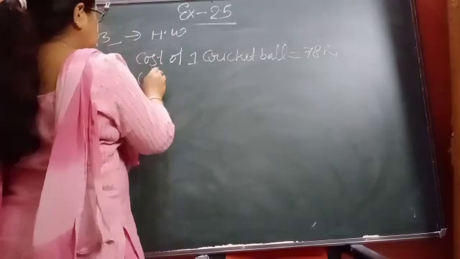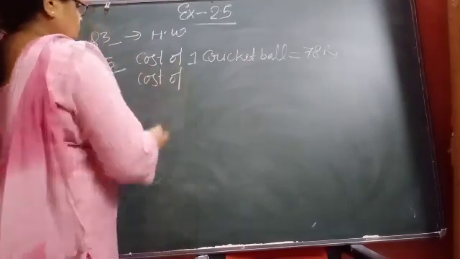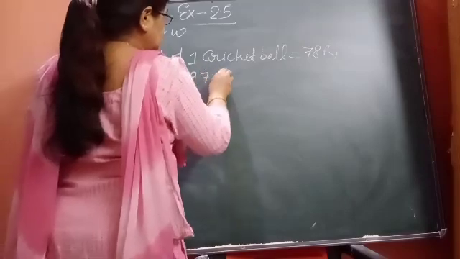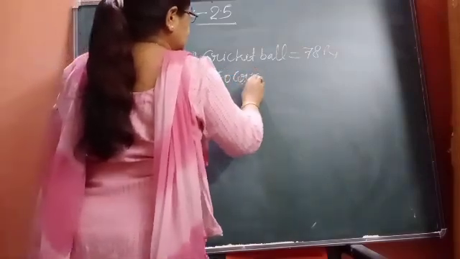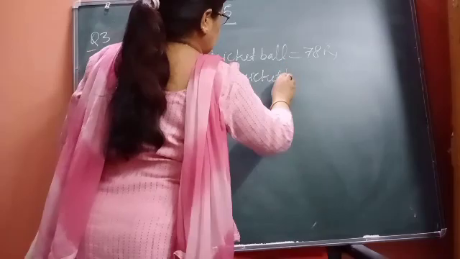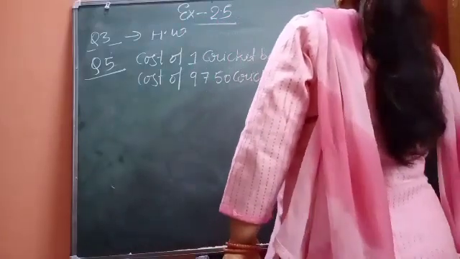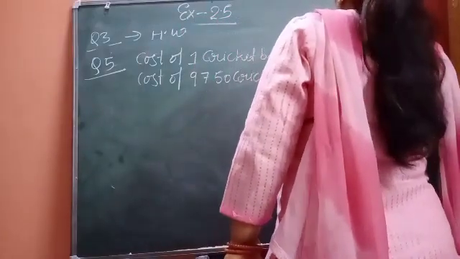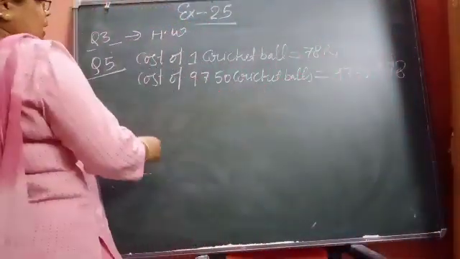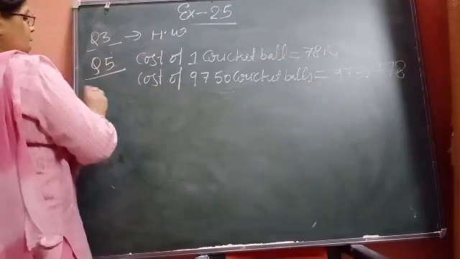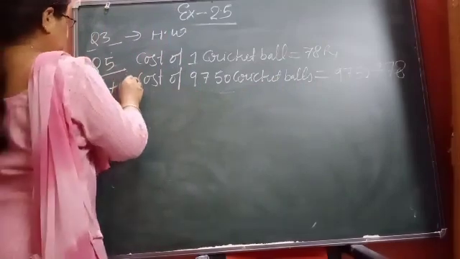So cost of 9750 cricket balls is equal to 9750 divided by 78. So you people are able to do this small division, so you will perform this division yourself. I am leaving this. This will also be your homework.